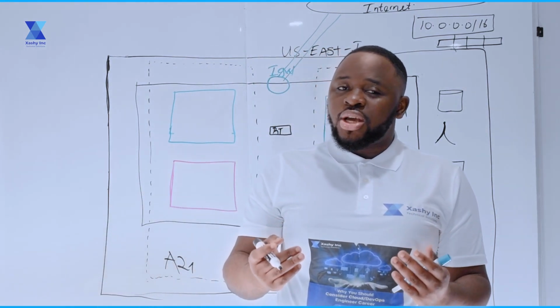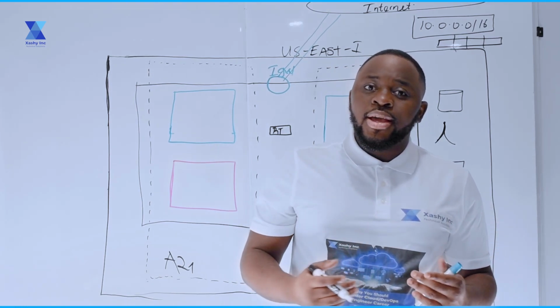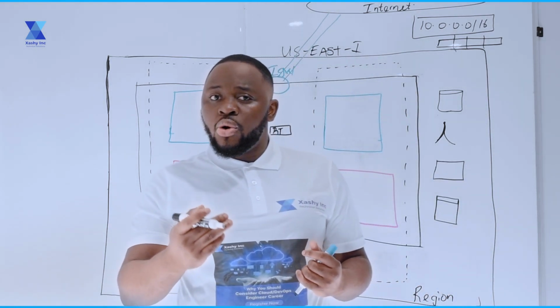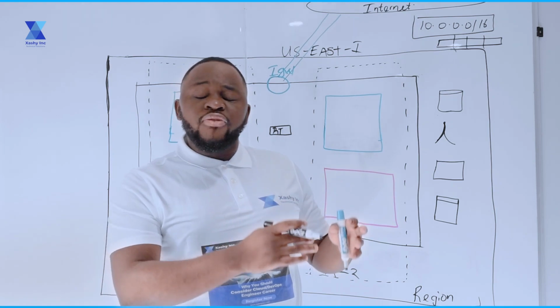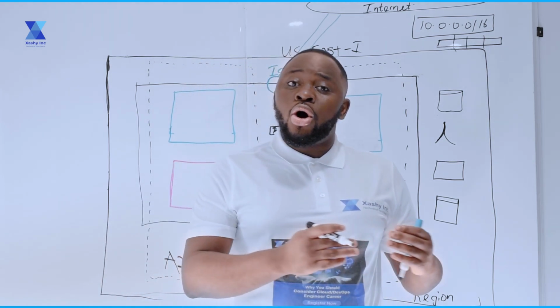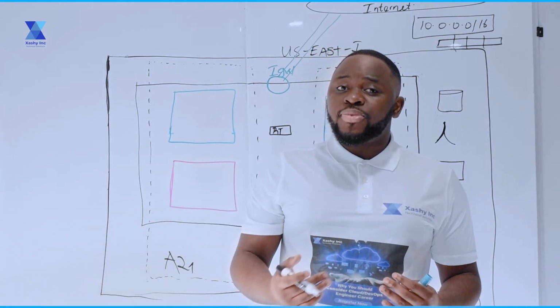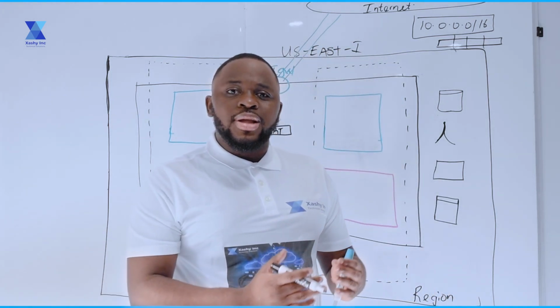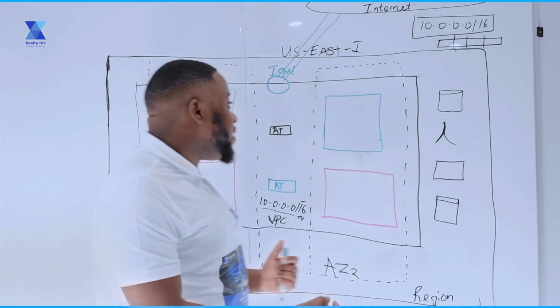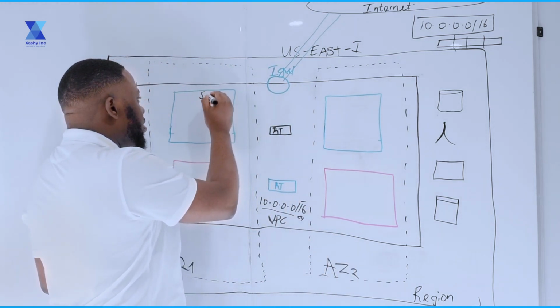And as a cloud engineer or an architect, it's always important that we know that ensuring high availability starts all the way from subnetting. So as you create your subnets, you want to ensure that the subnets actually span across availability zones.